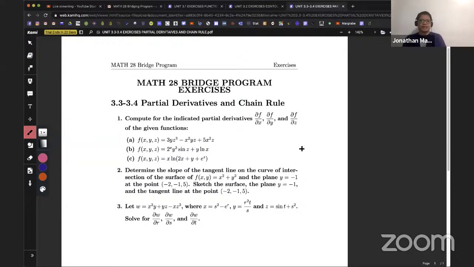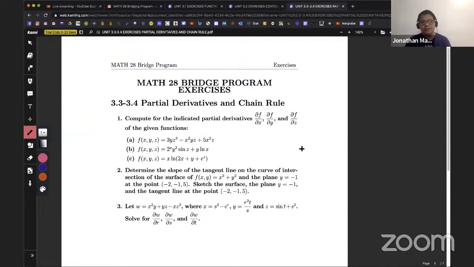Partial derivatives and chain rule. So i-run through lang natin on how to get the partial derivative of the function. For number one, compute the indicated partial derivative, partial of f with respect to x, y, and z of the given function.